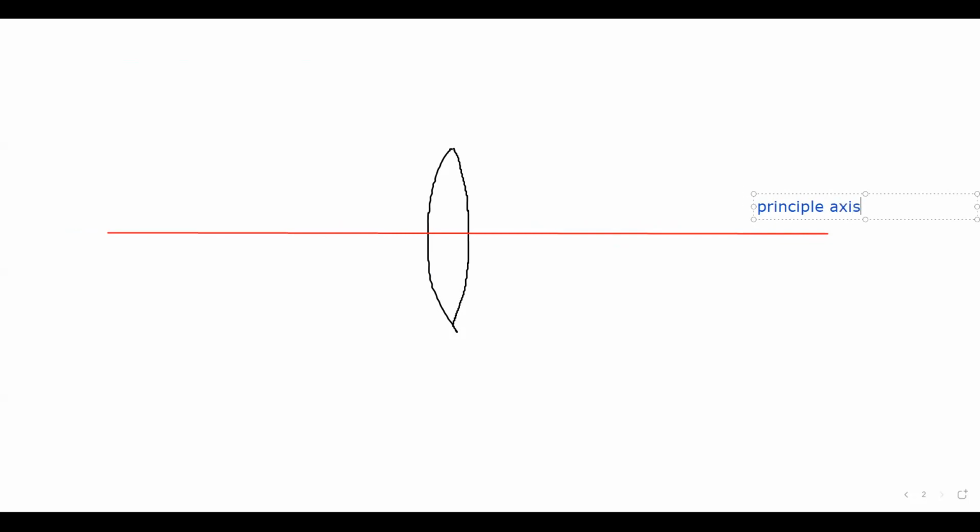The center point of the lens is known as optical center. Then the position where all the light rays converge, what we call that? We call that focus.